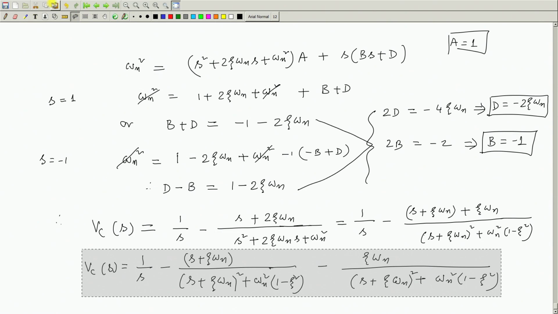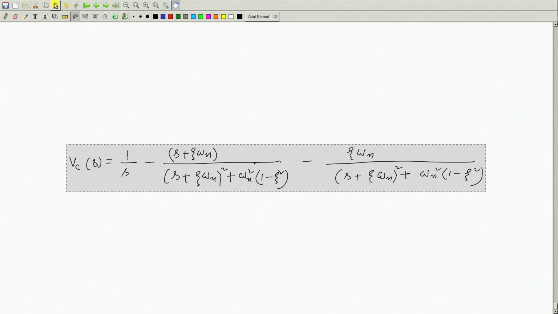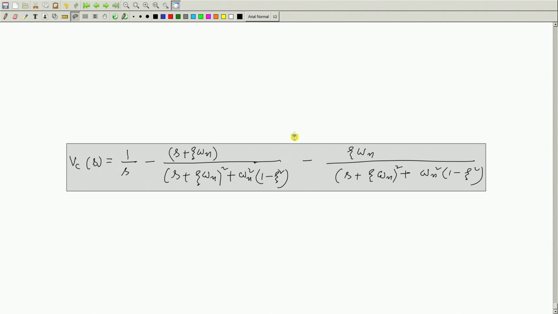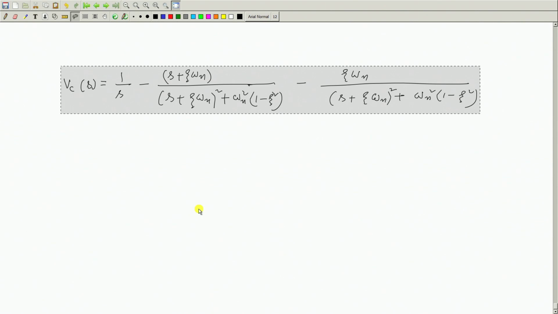Copy, go to next page and paste it. So, this is the thing. We have got this.